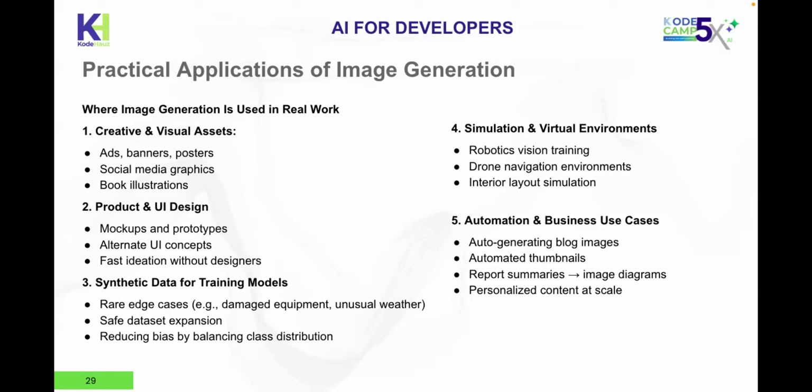Then synthetic data for training models. There may be rare edge cases that you want to use to train models, for example damaged equipment or unusual weather, so you can use image generation to do that. You can also use it to expand data sets for training models, and to reduce bias by balancing the class distribution of data types. This is something mostly machine learning engineers will understand.